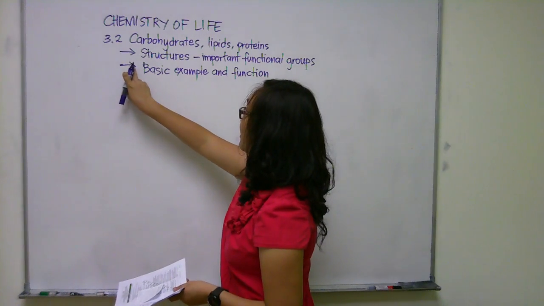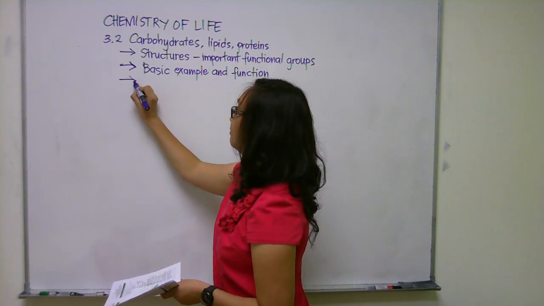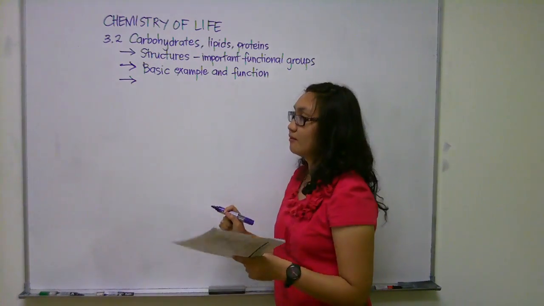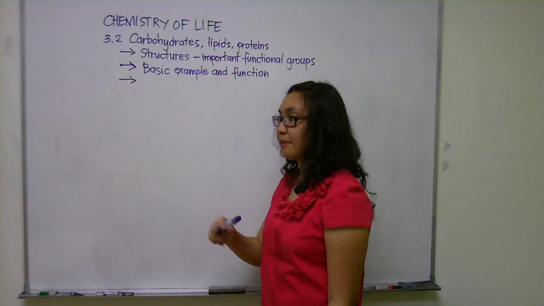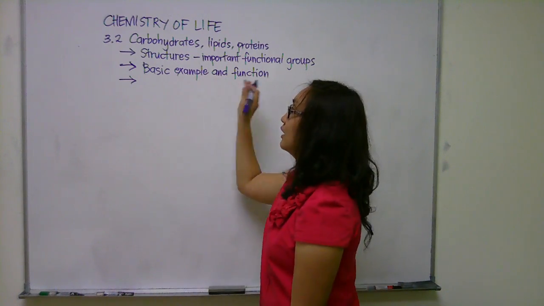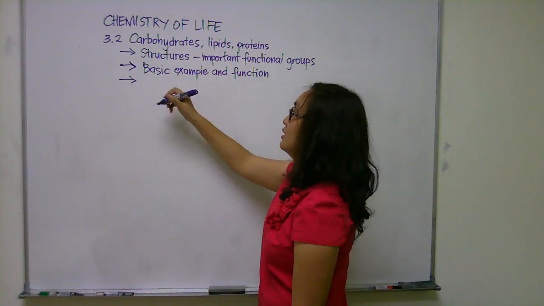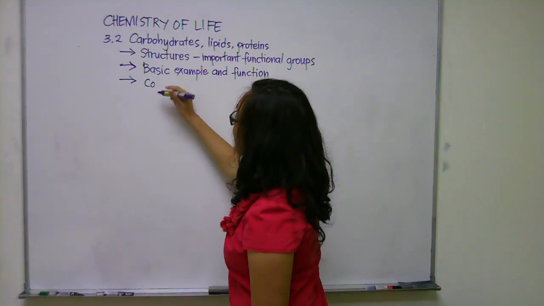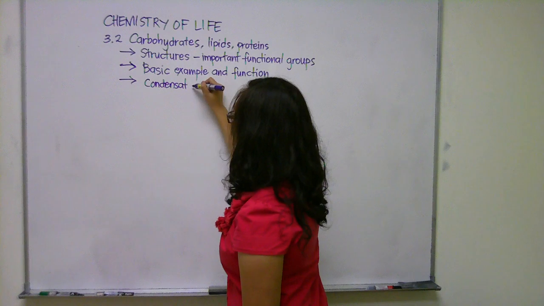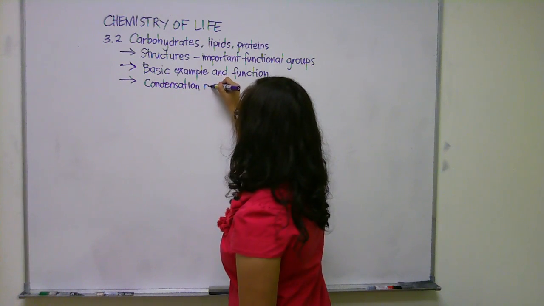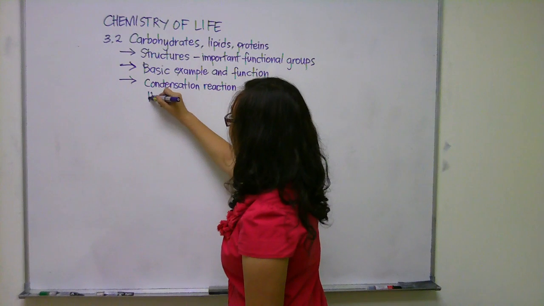Right after knowing the basic examples, the students have to learn about the chemical reactions involved in forming the carbohydrates, lipids, and proteins. This involves familiarity with condensation reaction and hydrolysis.